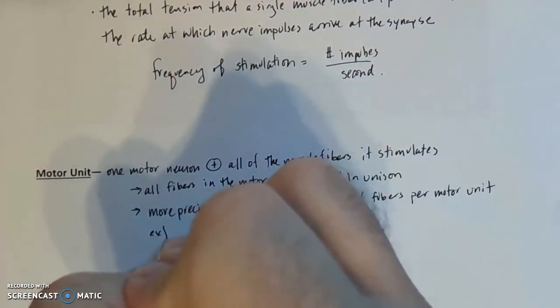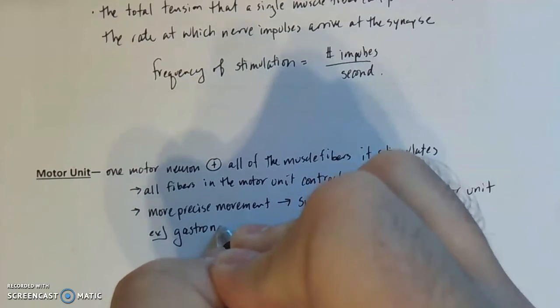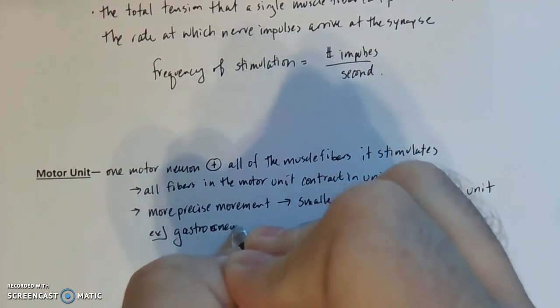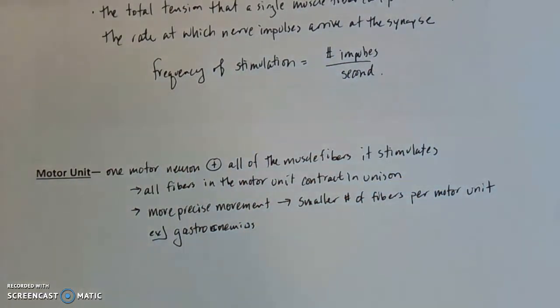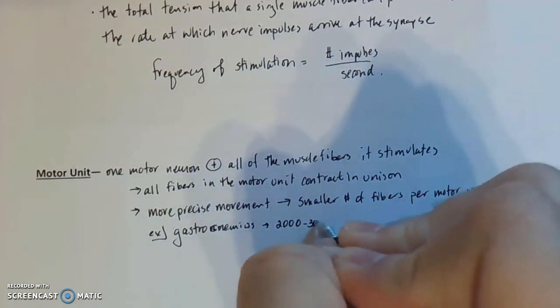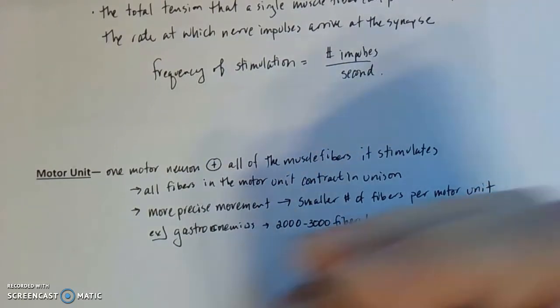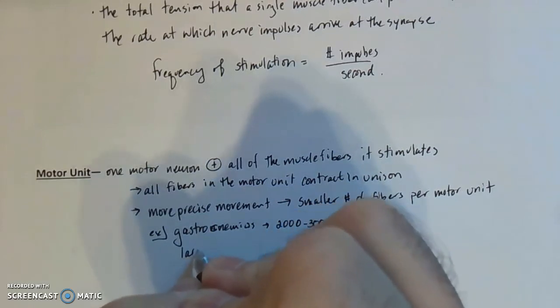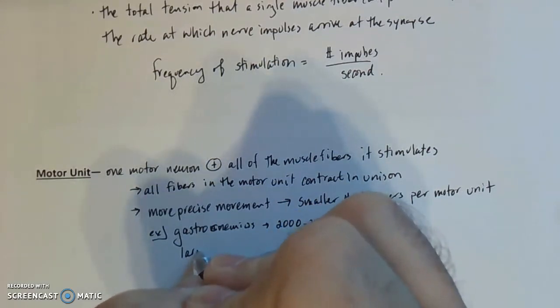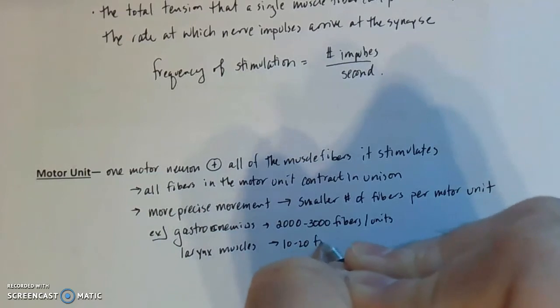So another example, if we look at two muscles, we have the gastrocnemius. The gastrocnemius is one of our calf muscles. It's the more superficial calf muscle from the back of the knee down to the Achilles tendon. There are about 2,000 to 3,000 fibers per unit of this muscle. But if we look at the muscles that control the larynx, which are some of your vocal cord muscles, we have 10 to 20 fibers per unit.